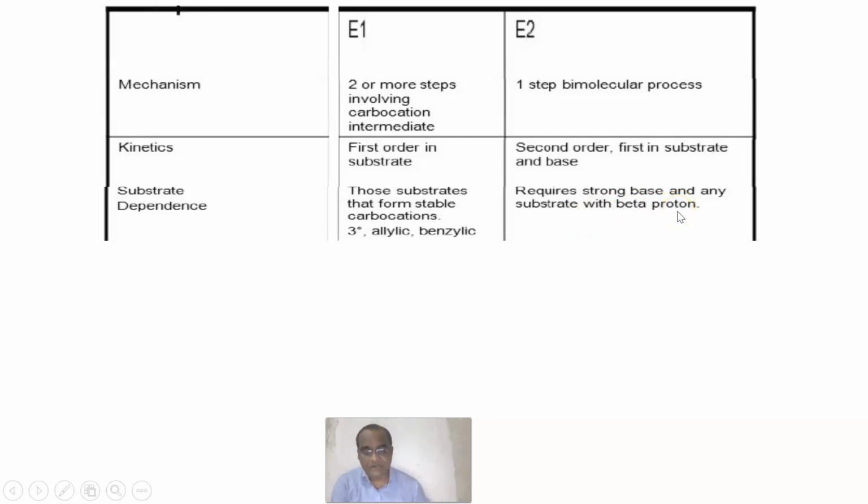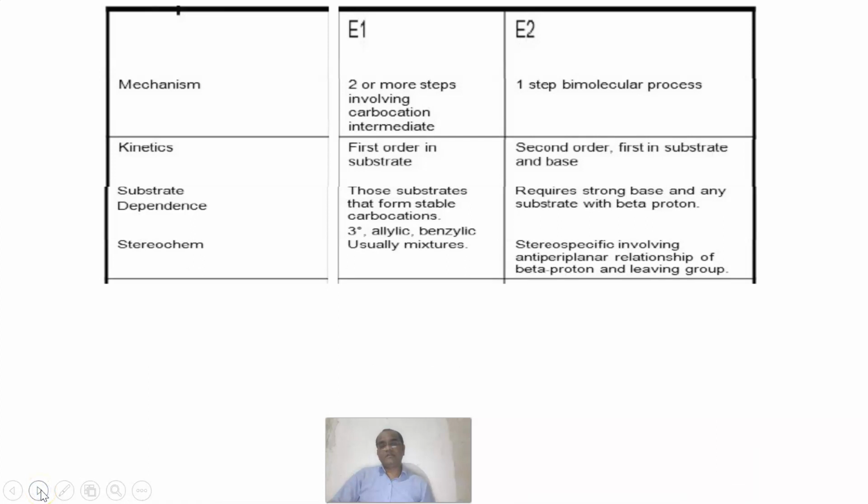It is a prerequisite for E2 that it should have a beta carbon, which is why it is said to be a beta elimination. So in E2, the substrate requires a beta proton as well as a strong base, because the strong base will abstract the beta proton and form an alkene with the pi bond.